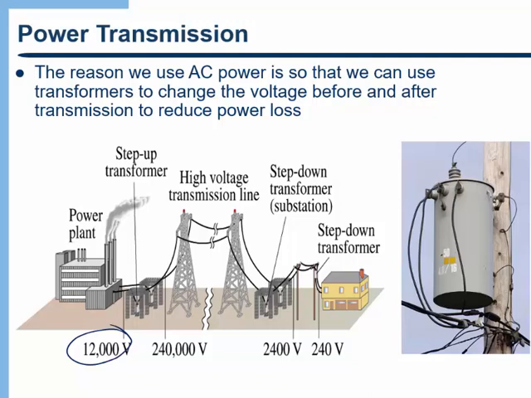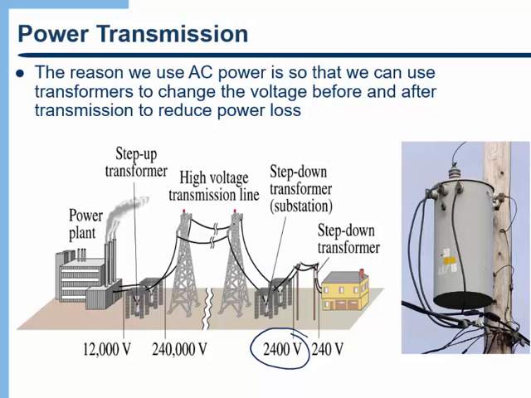So the voltage, once we're transferring over the power lines, is very high, hundreds of thousands of volts. But again, we don't want to use the voltage at that level because it'd be way too easy to get electrocuted. So usually in your town, there is the substation where that voltage gets transferred from that really high voltage down to just a few thousand volts. The power lines that go through a neighborhood are still at a couple thousand volts.